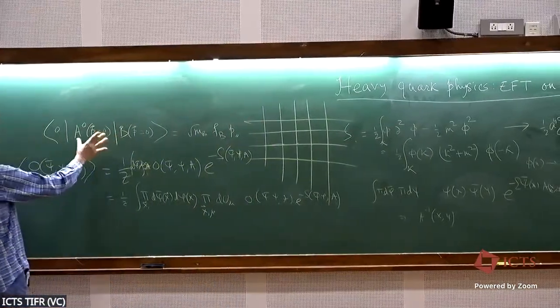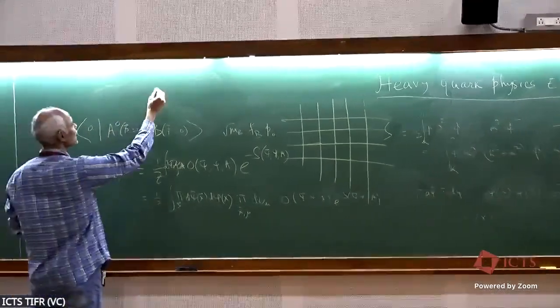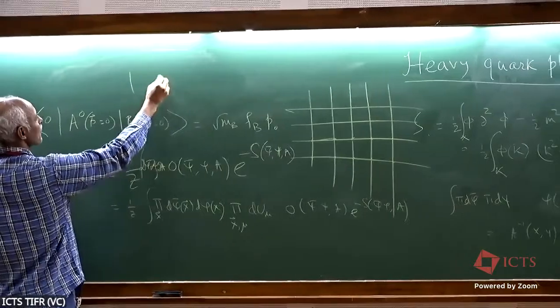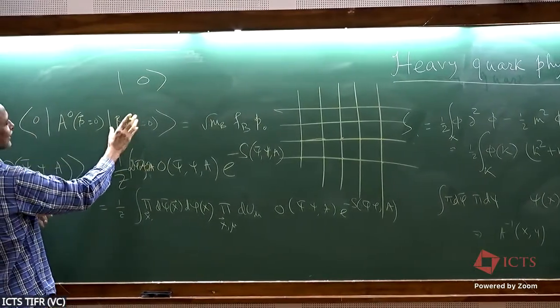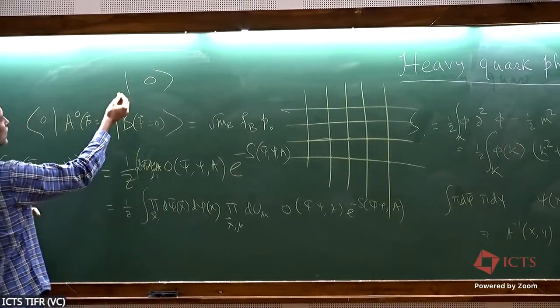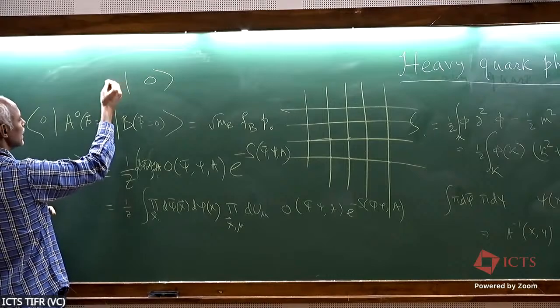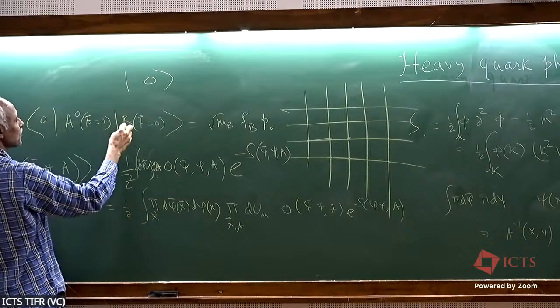Now, what I do when I want to do this calculation is essentially start from the vacuum field configuration and create a B field. So let's say at some point in time, I want to create a B field.